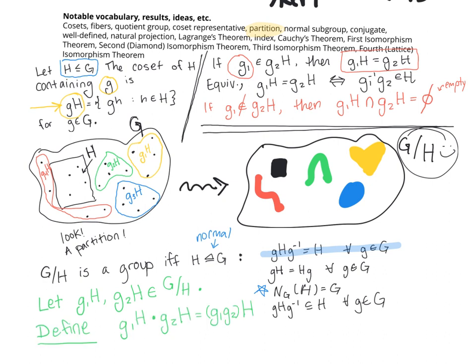Well, our recipe for inheriting an operation on cosets is to say, okay, perform the group operation on two representatives of different cosets. The result now is the coset represented by that product of our two elements. Okay.